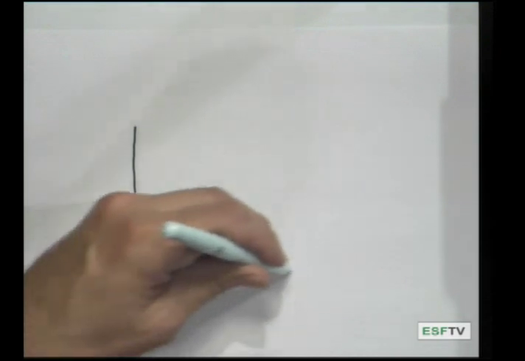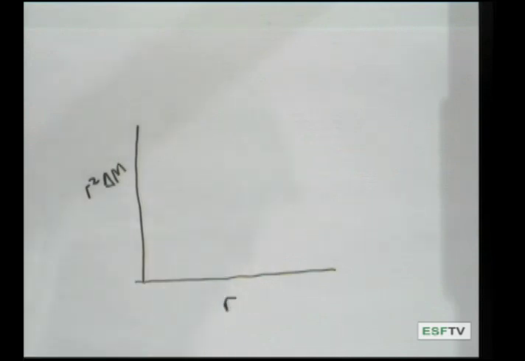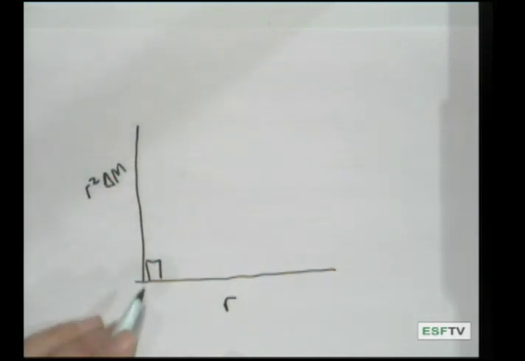Now let's formulate a couple of hypothetical examples for how that might work. If we plot over here on this axis the square of the radius times the delta M, and we look at this over the radius, what we will find is that the first square radius times mass is going to be small.